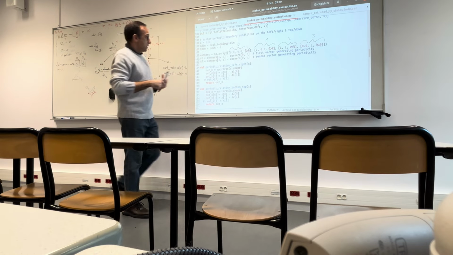Will be x naught minus A2 naught, so the x component of x, minus the x component of A2, which is 0, so the x component remains the same, while the y component will shift back of L, because we have x1 minus A21.